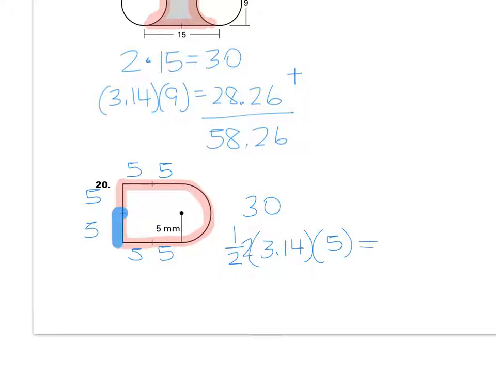They basically cancel each other out. So you just end up with 5 times 3.14, and you add those two numbers together. And this ends this section 11.1.